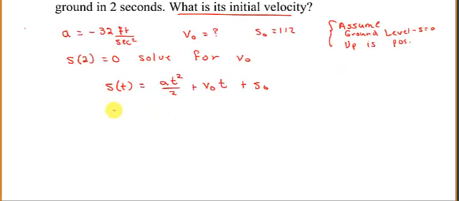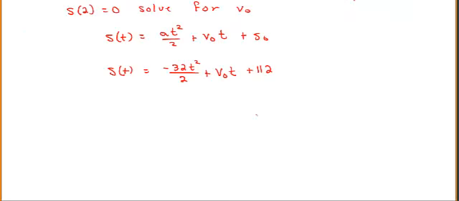And in this case, we have that s of t is equal to negative 32 t squared over 2 plus v sub 0 t. I don't know what v sub 0 is, I'm trying to find that out. Plus, I do know that s sub 0 is 112. Okay? And now what I want to do is set s of 2 equal to 0, because it hits the ground in 2 seconds.